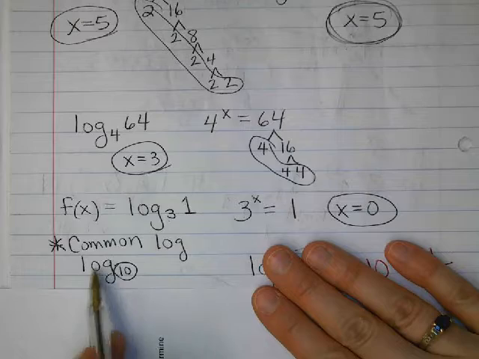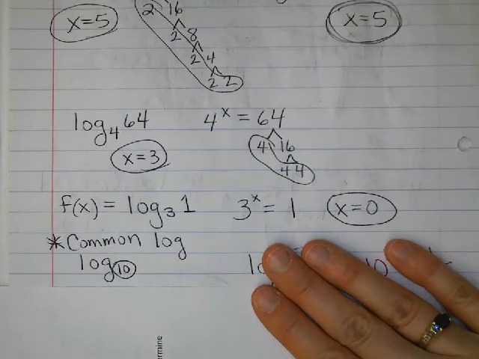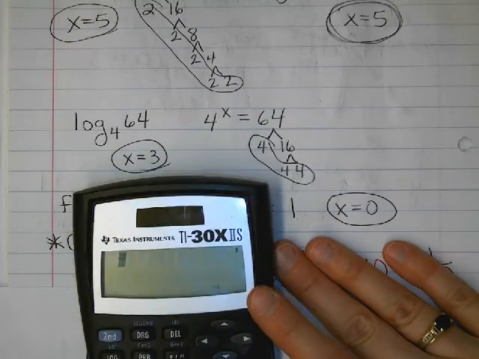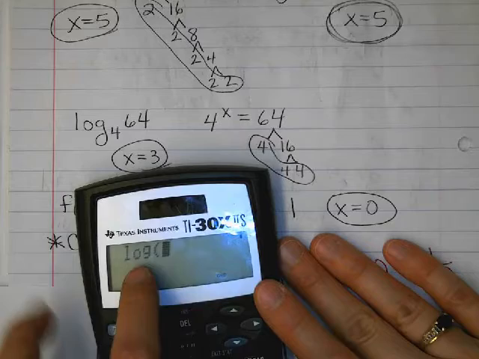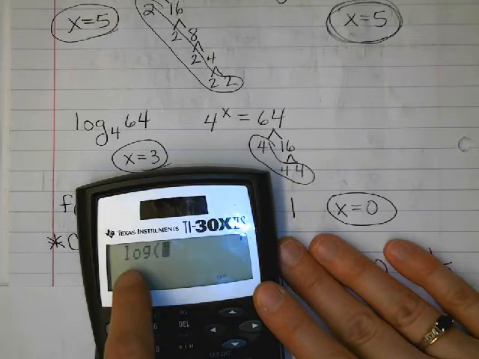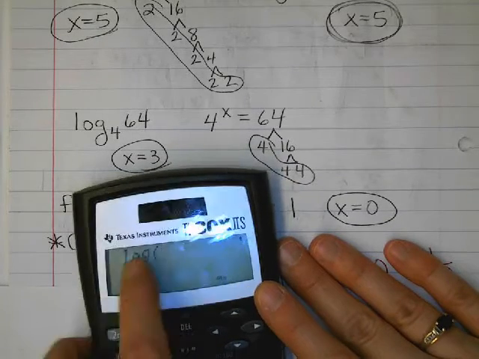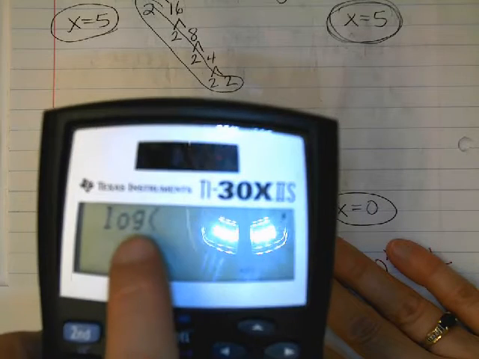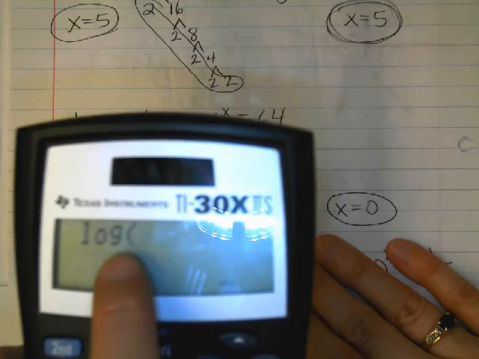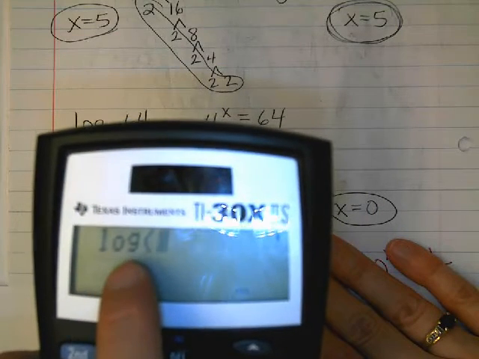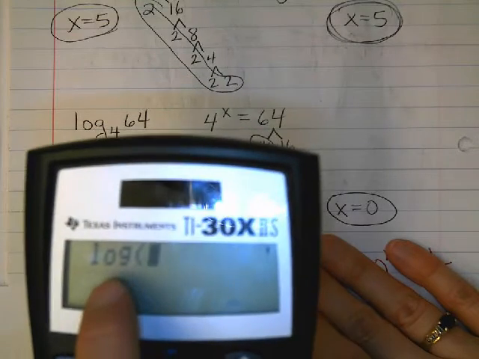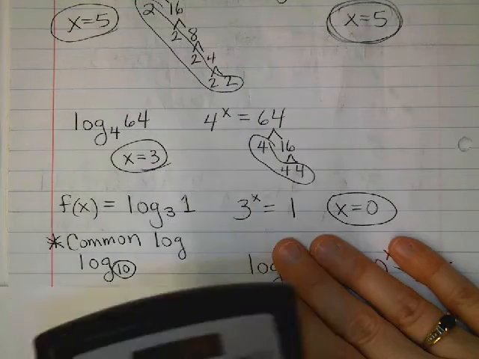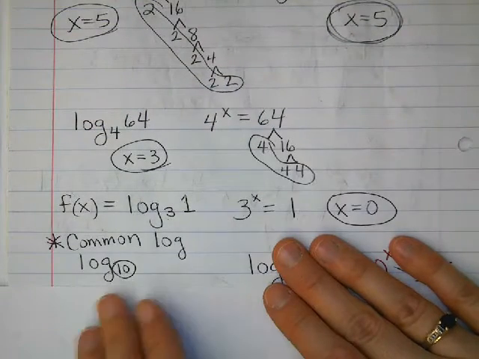And that logarithm is a key on a calculator. Like my standard calculator here, my TI-30, the log key, that is a log base 10 key. It doesn't have a little base number down by the log word. It's assumed this one's log base 10. This one's the common log.